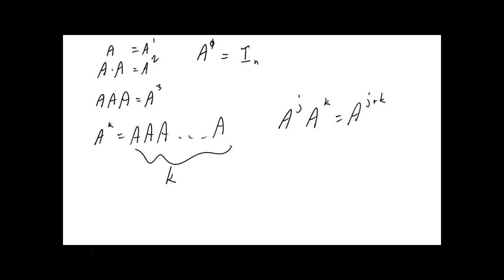A to the j was A times A times A, j times, just like we said here. A to the k was A times A times A, k times. If you multiply A j times by A k times, you get a total of j plus k factors. That's A to the j plus k. Just like multiplying the same base with different exponents: keep the base, add the exponents. We did that in the real number system. It works here in matrices as well.